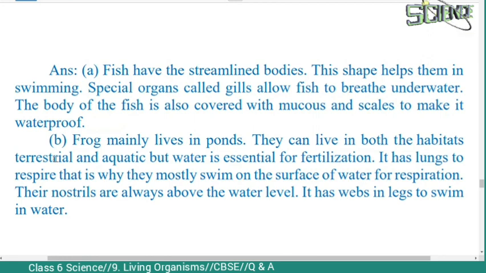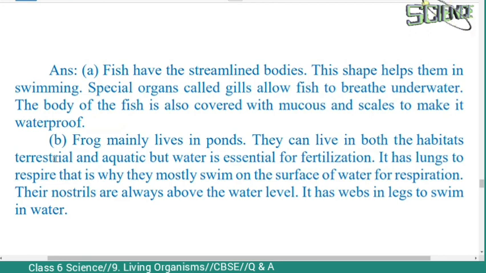This shape helps them in swimming. Special organs called gills allow fish to breathe under water. The body of the fish is also covered with mucus and scales to make it waterproof.